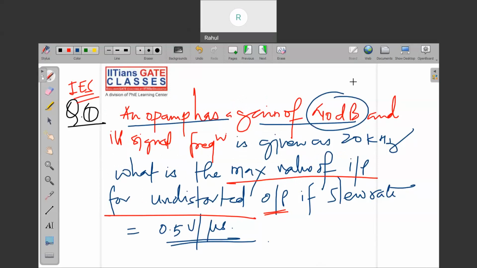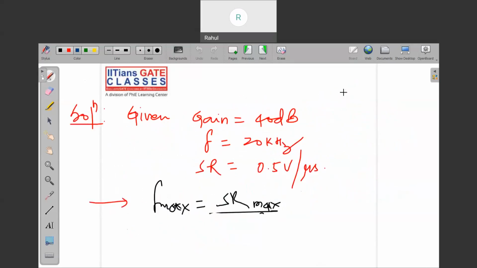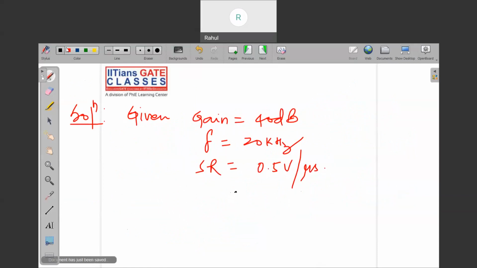This time the gain is not given as 1. This time the gain is different, please keep this in mind. So you have to be slightly cautious while using the formula. That's why whenever I solve circuits, I find circuits a very easy way of solving compared to these theoretical questions.